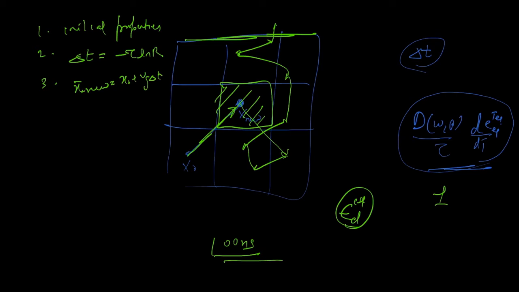Once we found its new position, we have to worry about whether it is going to collide with the boundary, and then we have to take care of that. If it's not colliding with the boundary, we have to draw the particle from the new distribution, after the phonon scattering event. So that would be your 4b.